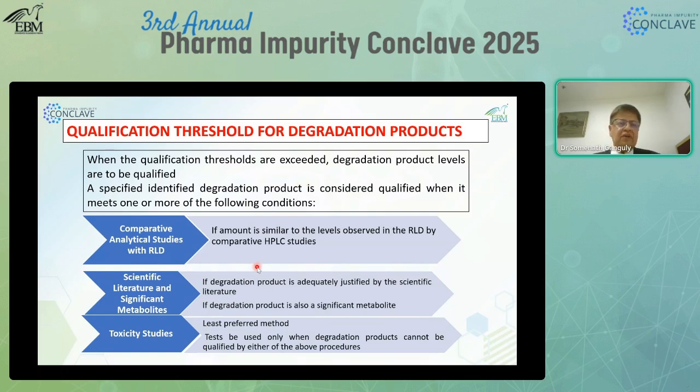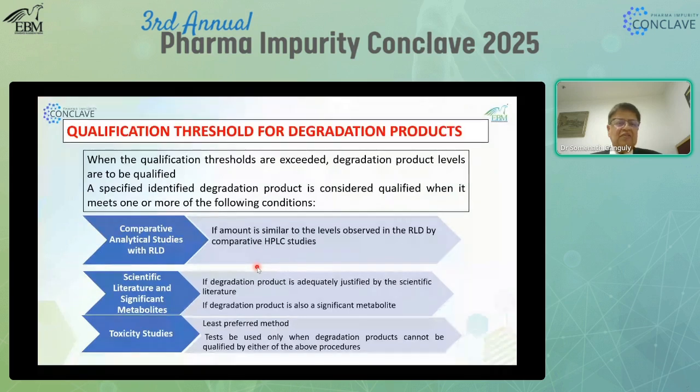You have to do comparative analytical studies with the RLD. RLD is the innovator drug product. From that we can decide what the level of the same impurity is in that RLD. And then you can give another scientific justification, that it could be a metabolite or whatever it is.